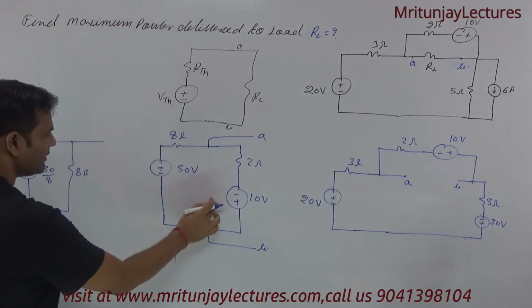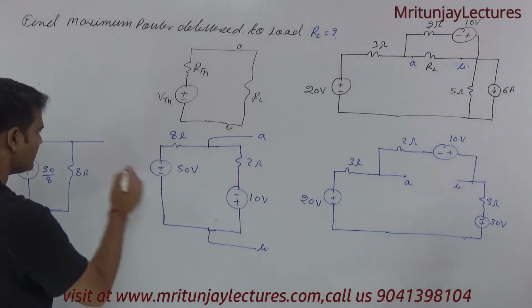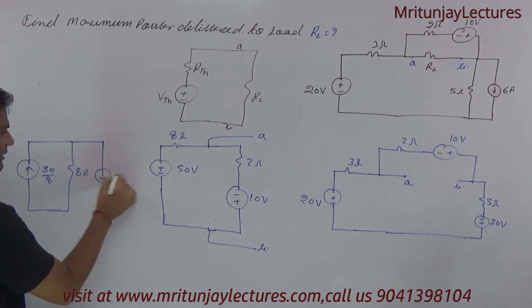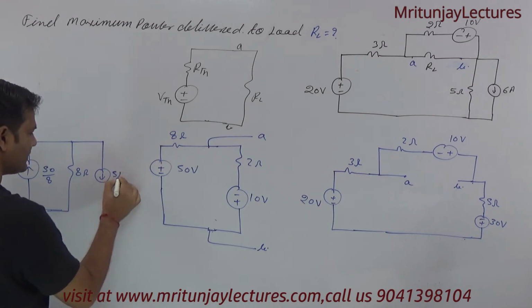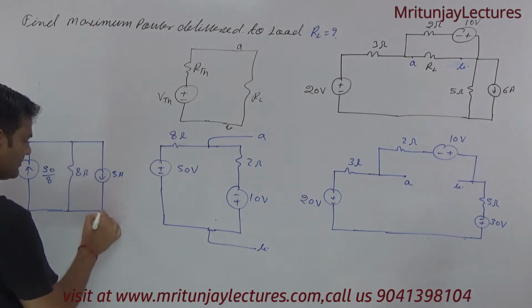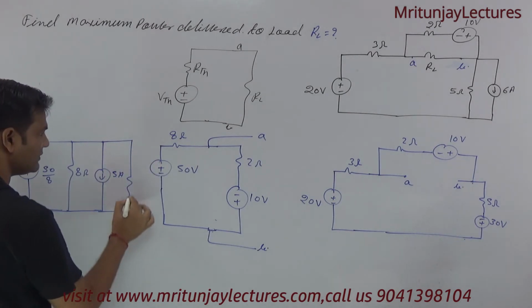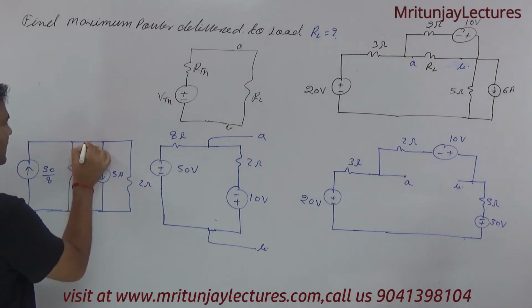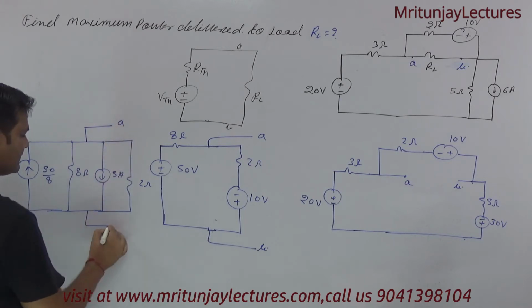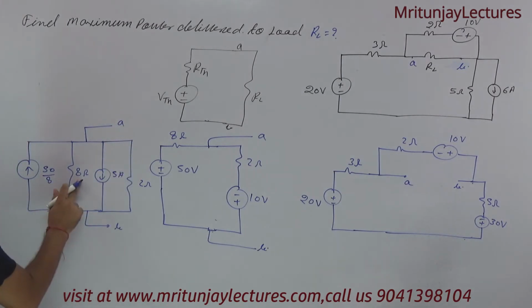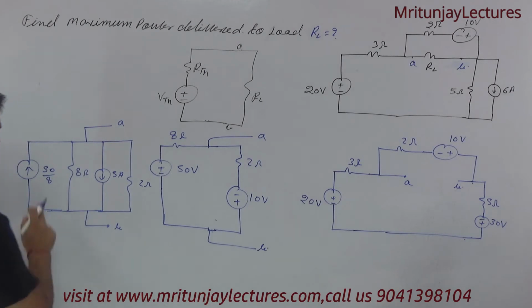Now another one, what about the direction of current, that is downward, 10 by 2, that is 5 ampere. Simply represent it like this one. And what about resistance, that is 2 ohm, and this one, that is A and that is B. The 8 and 2 are in parallel, and the directions of this one and this one are opposite.